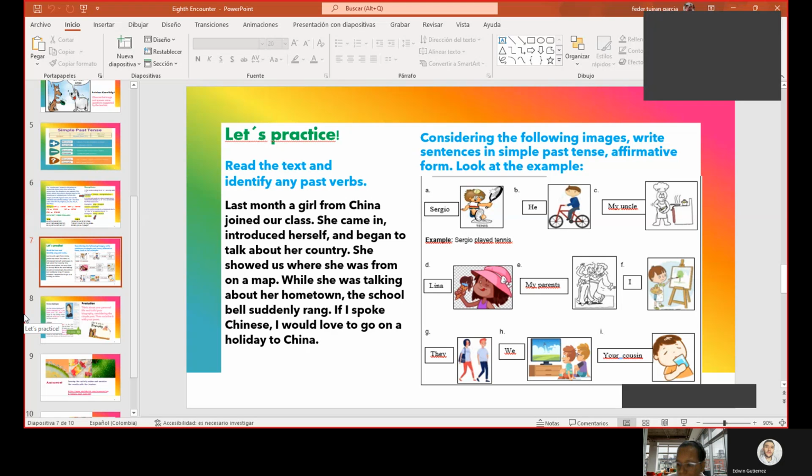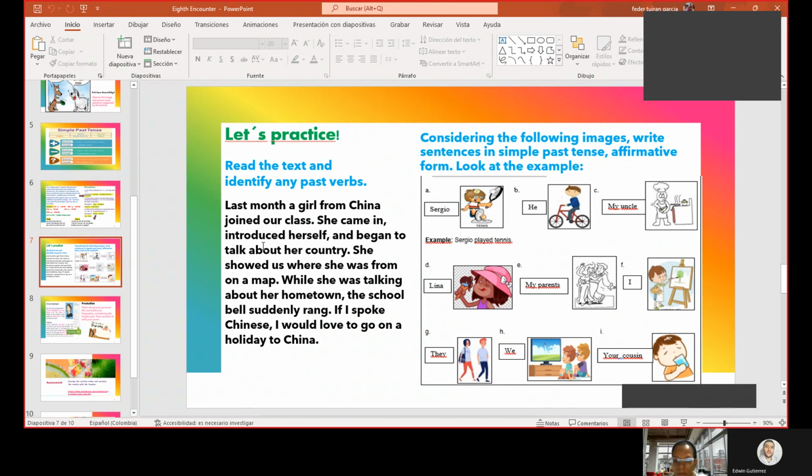Edwin, are you ready? I think that we can continue because I understand that Anwar has a problem with his internet. Well, teacher, okay. The first one is: He wrote a cycle last summer. My uncle cooked yesterday in the morning.